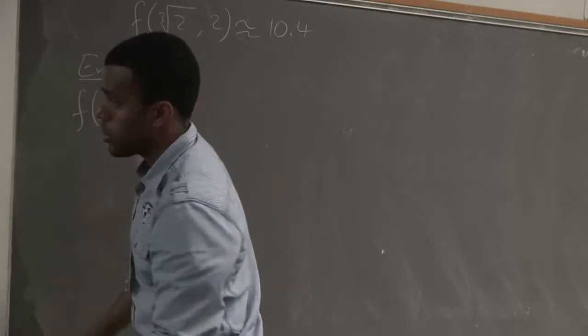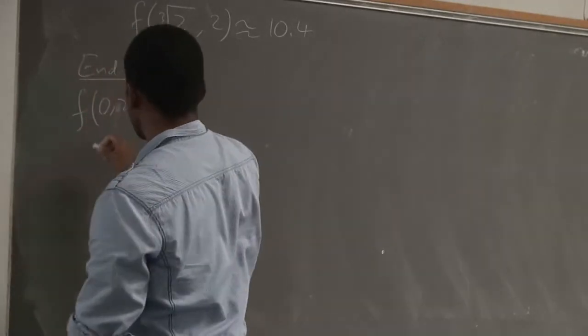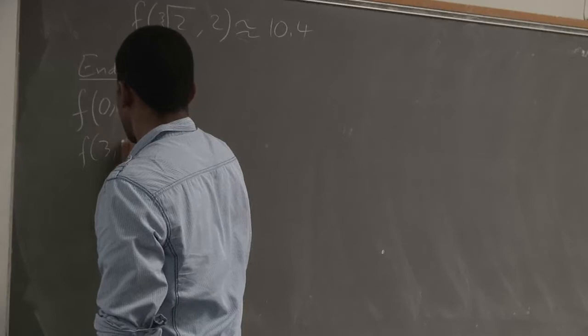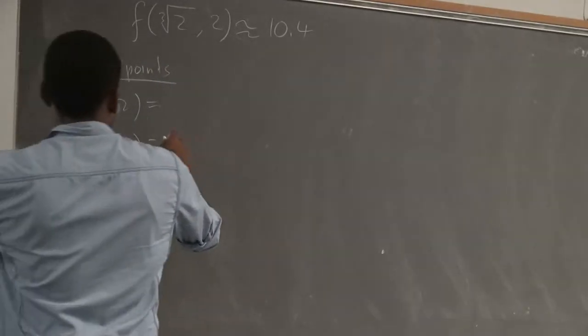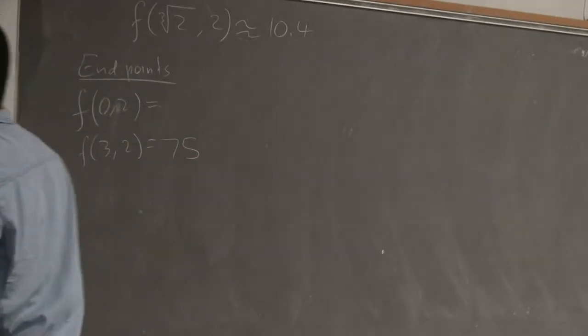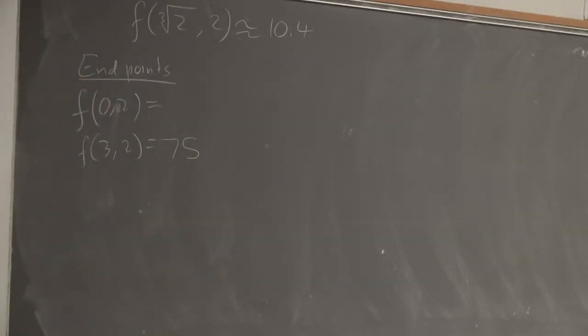Test the endpoints, that's when x equals 0 and when x equals 3. So 3, 2, I think I did before, that's 75. 0, 2, did we do that before? 18.